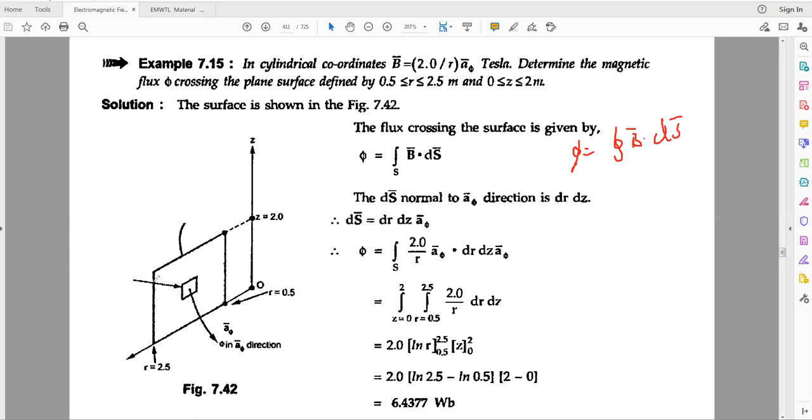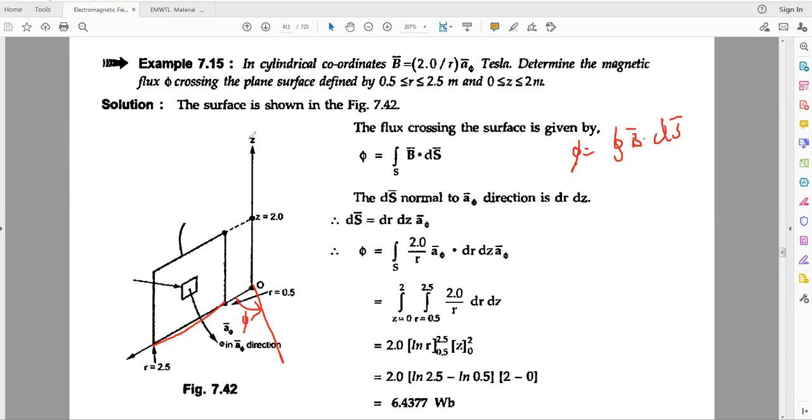So ds is a surface given with 0.5 and 2.5 in R. See, this is a point on the R axis. And Z is also given, Z is equal to 0 to 2 meters. And this is the phi direction because it's a cylindrical coordinate system.